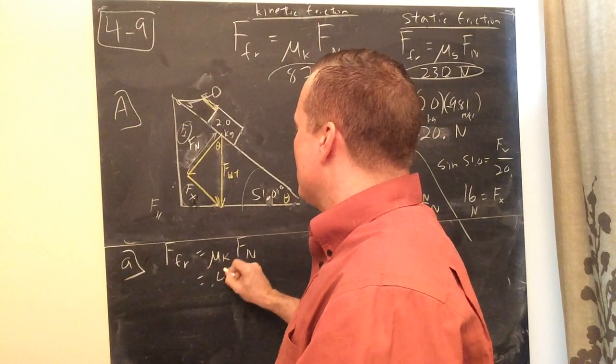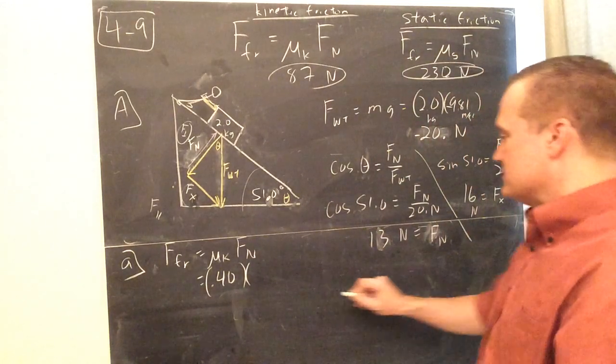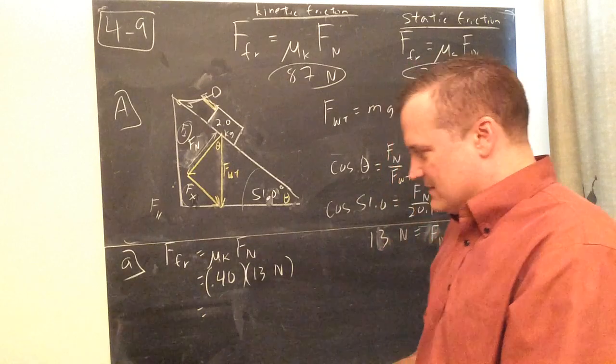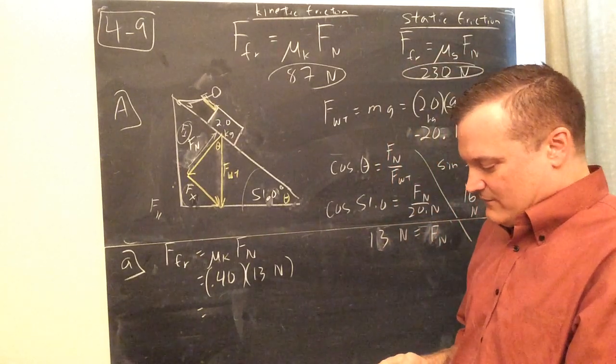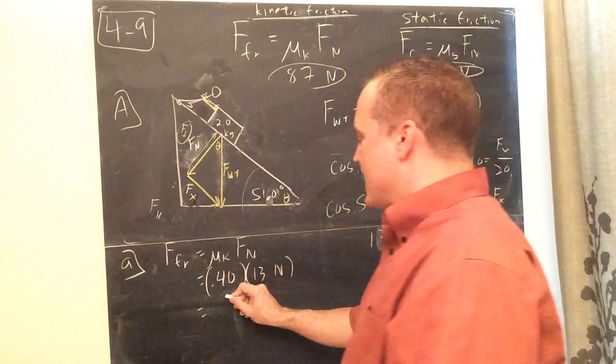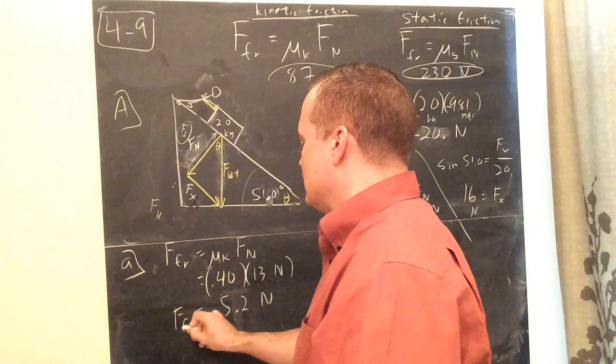So it's going to be 0.40 times the normal force, which is 13. I'm going to probably have to erase this in a moment. I'm going to run out of visible space for you to see. So 0.40 times 13 is 5.2 newtons is the friction force.